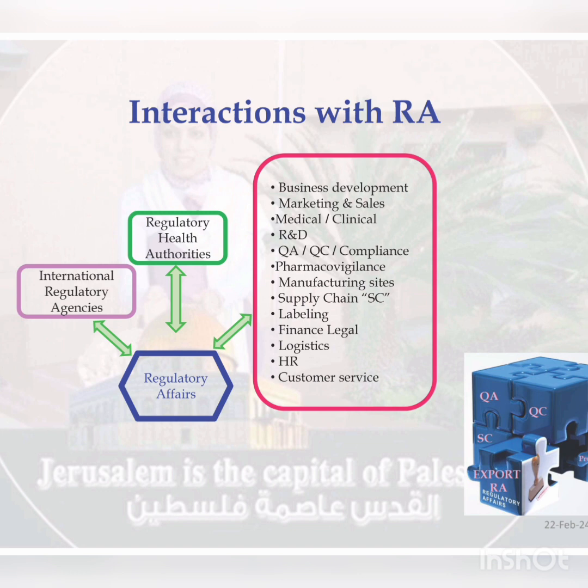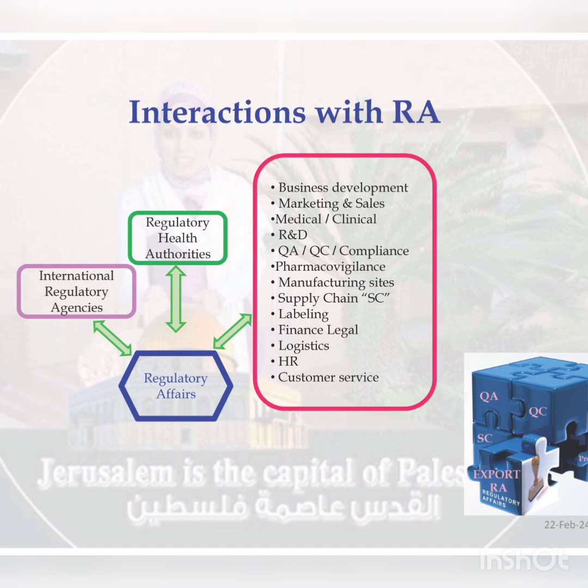In this slide, you will see the interactions between Regulatory Affairs Department and all the remaining departments in the manufacturing site. Regulatory Affairs Department interact with business development, marketing and sales, medical, clinical, research and development, quality assurance, quality control, compliance, pharmacovigilance, manufacturing sites, supply chain, labeling, finance, legal, logistics, HR, customer service.